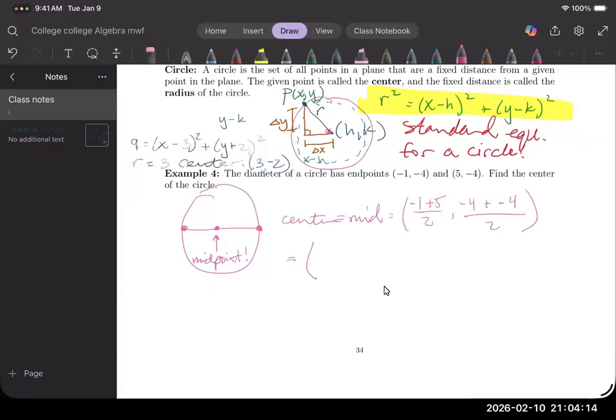So 5 minus 1 is 4 over 2, and negative 4 minus 4 is negative 8 over 2. 4 over 2 is 2, and negative 8 over 2 is negative 4. Ta-da! This circle has a center of 2, negative 4, because you just used the midpoint equation.